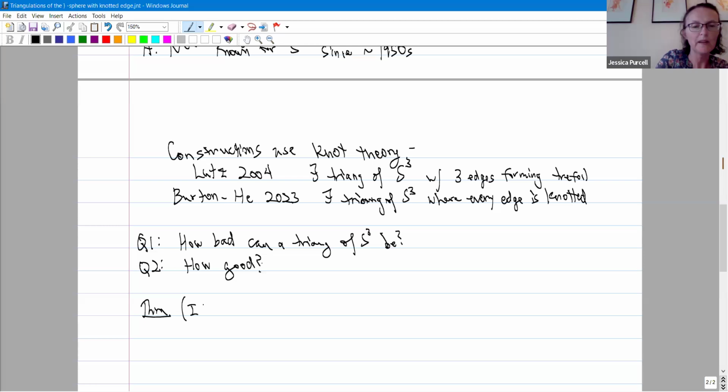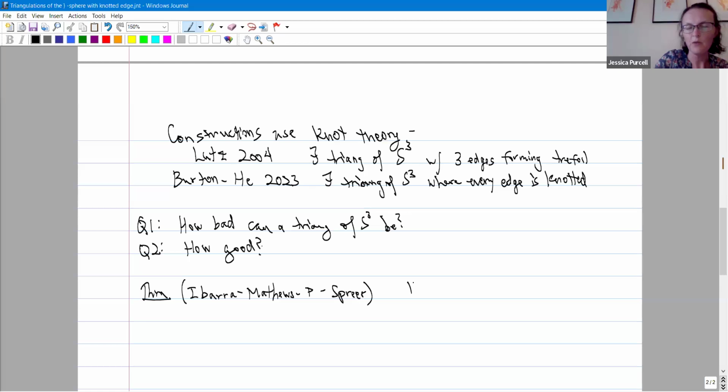So okay, let me put down the main theorem. Again, this is with Diani Ibarra, Dan Matthews, myself, and Jonathan Spreer. And we showed that if you give us any knot inside of the three-sphere, then we can find a triangulation of the three-sphere with a single vertex.